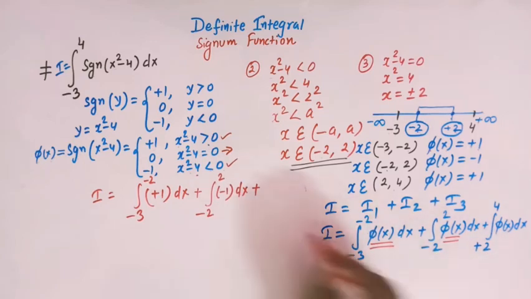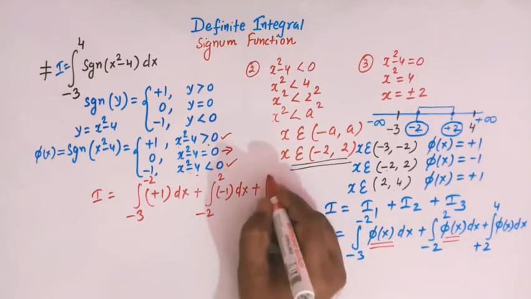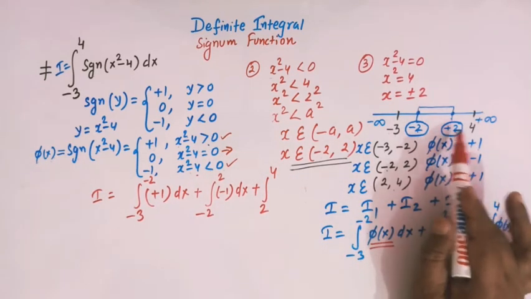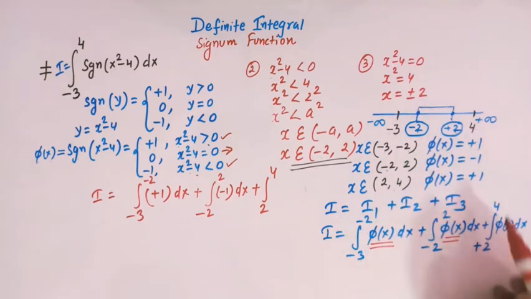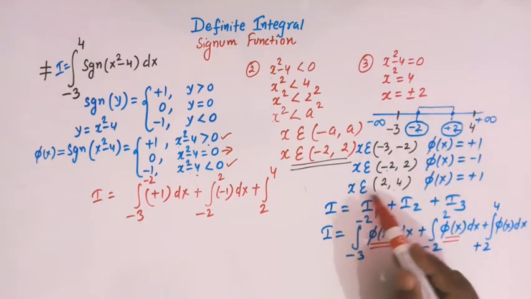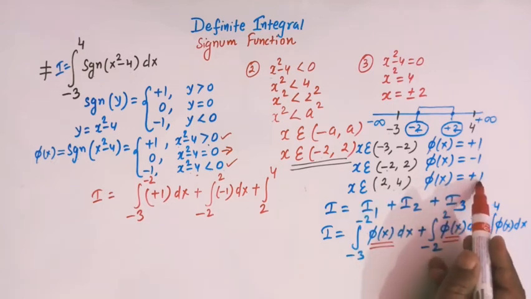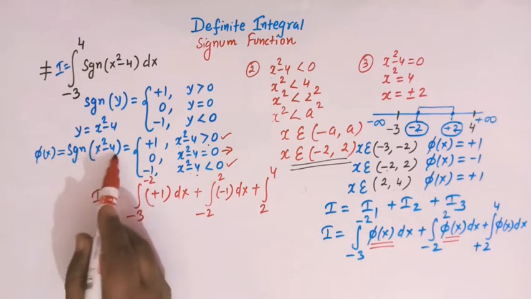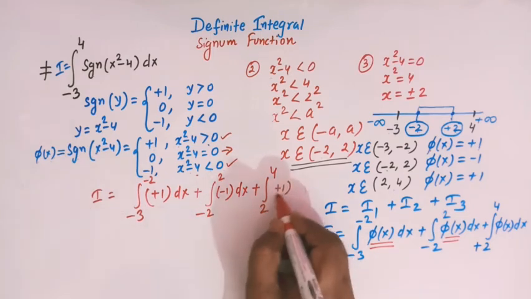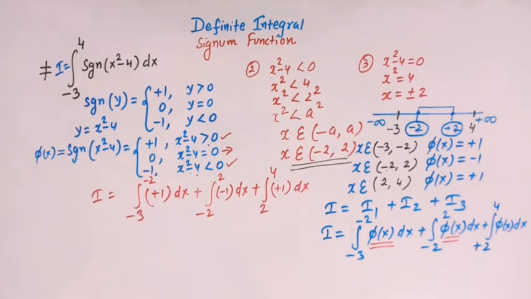Then we have 2 to 4, where phi of x takes a positive value, so we have +1 dx.